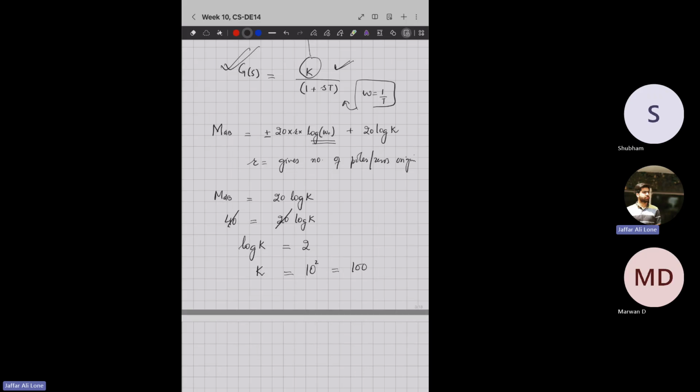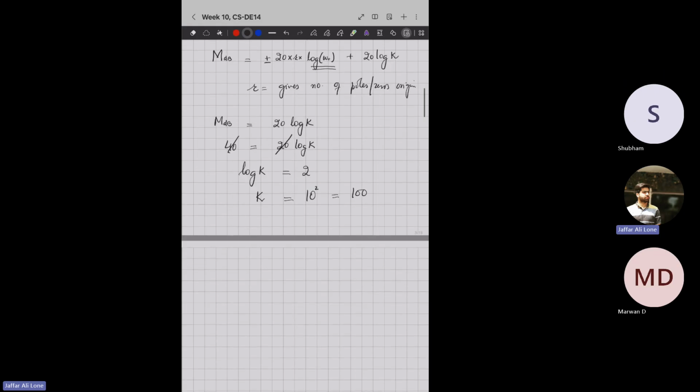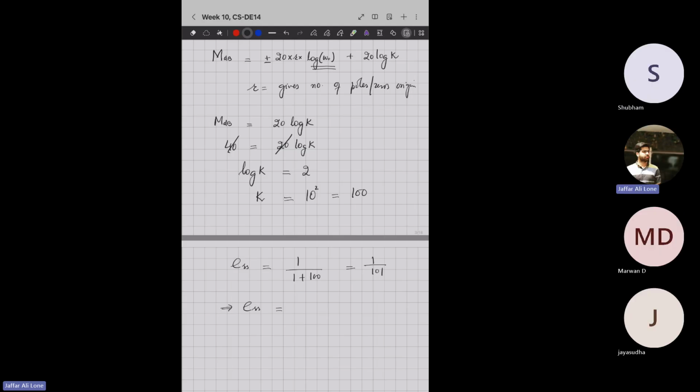So I got my K equal to 100, and then I can easily find the steady state error, which is equal to 1 divided by 1 plus Kp, which is 100, which is equal to 1 divided by 101. You can just solve it, and that's it. So this is the answer.